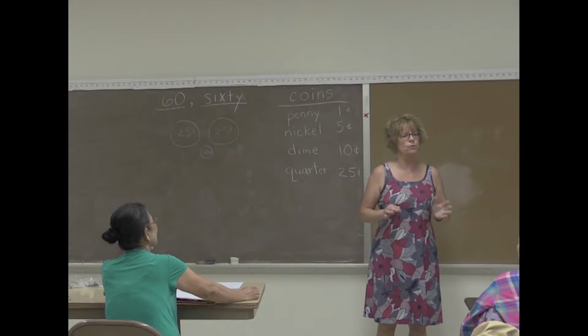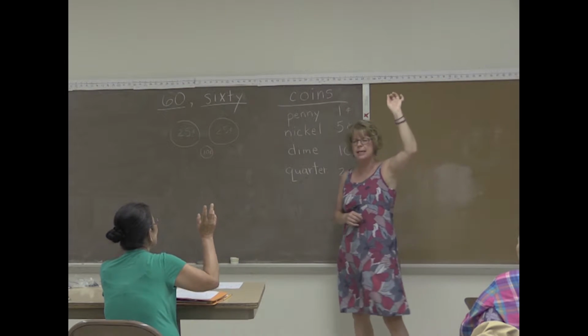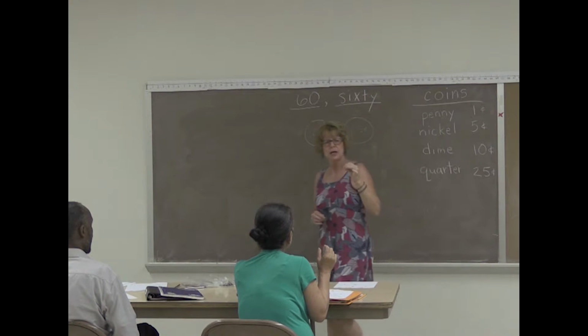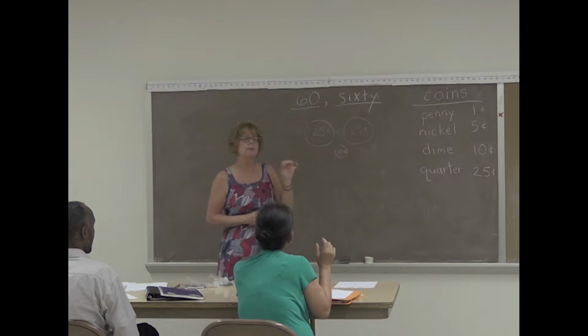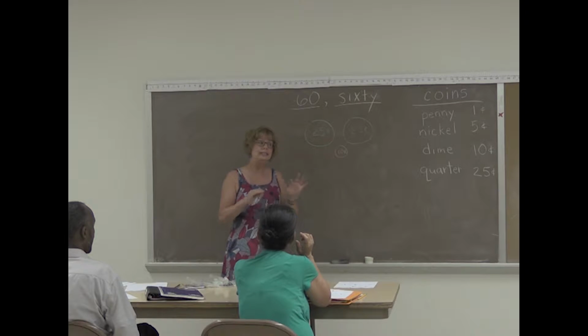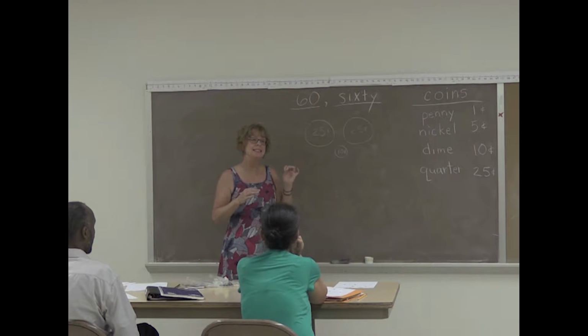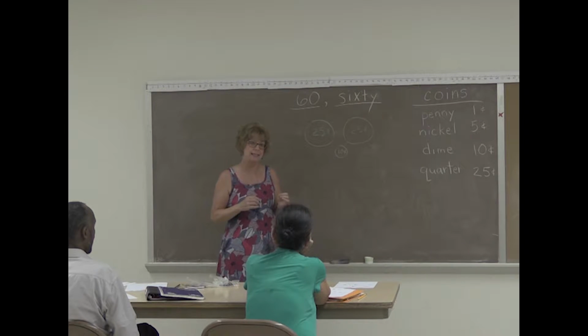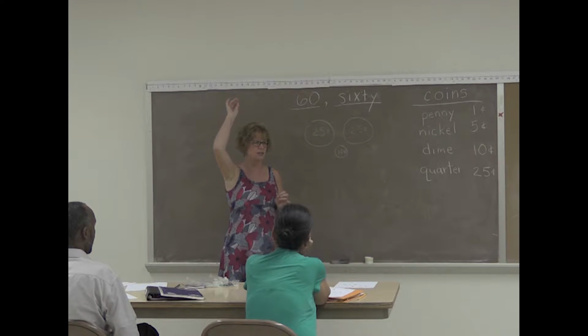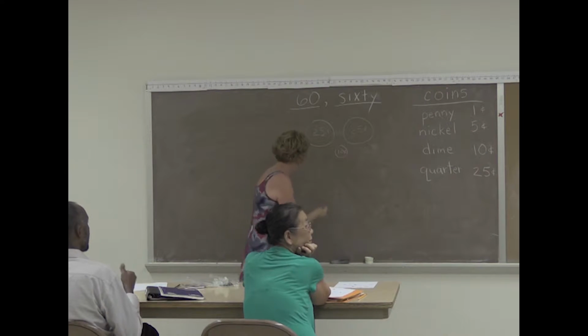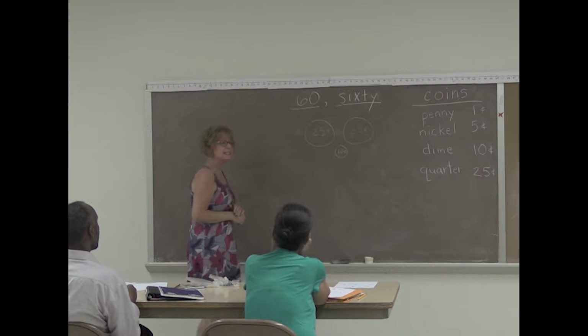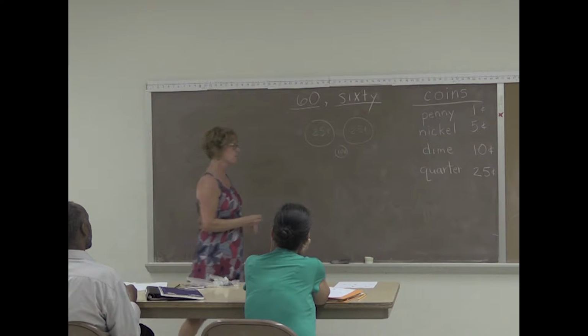I want someone to raise your hand and tell me only dimes. No quarters, no nickels. Raise your hand if you can tell me what money do I put together, only dimes, to make 60 cents? Saba, how do I make 60 cents using dimes?